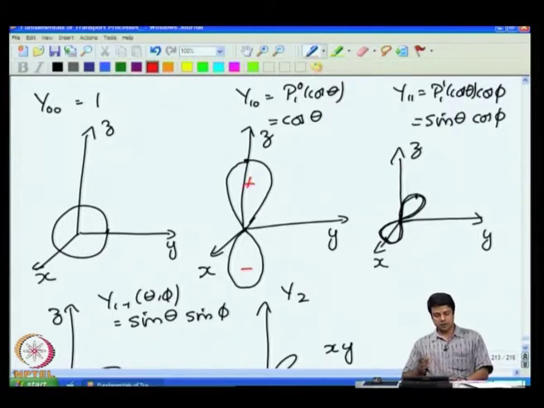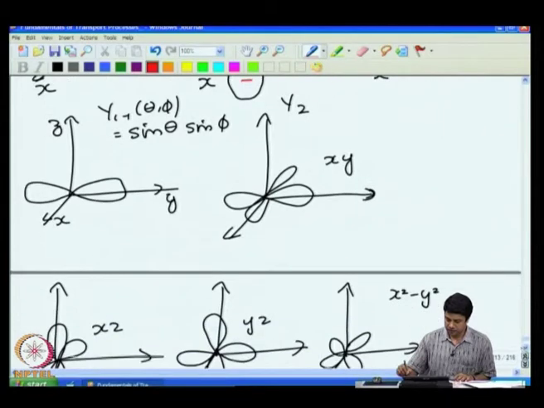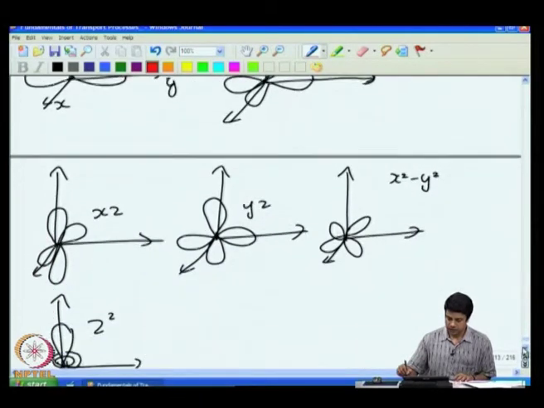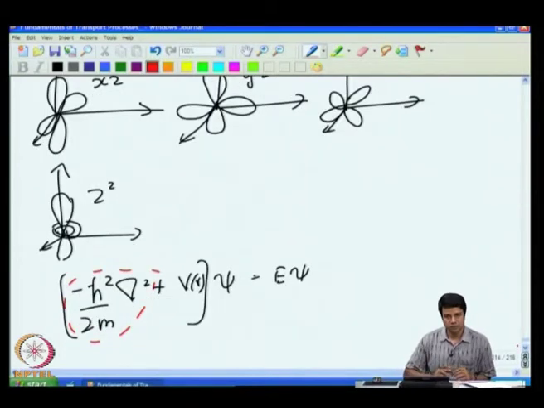Similarly, Y11 is along the x axis, Y1 minus 1 is along the y axis, and then I plotted for you the symmetries of the n equal to 2 Legendre polynomials. Similarly, there are solutions for 3, 4, 5, etc. For a value of n, there are 2n plus 1 solutions, because for a given value of n, m can vary from minus n to plus n.